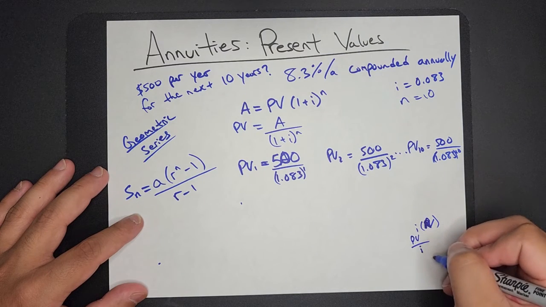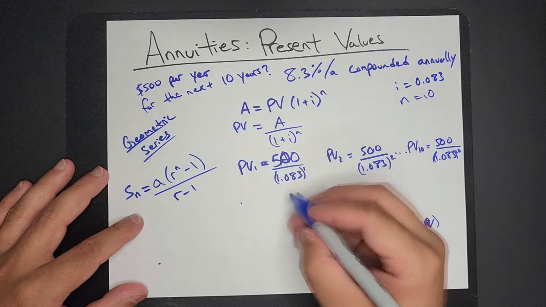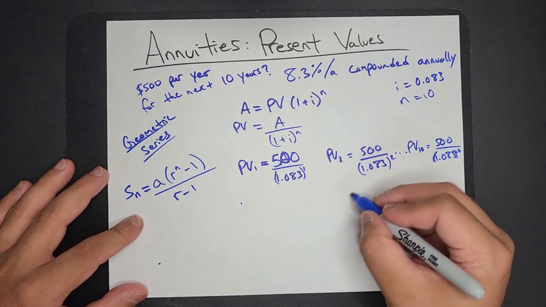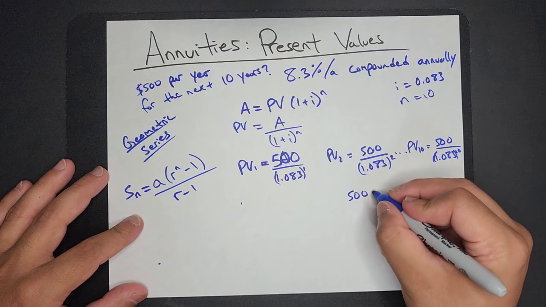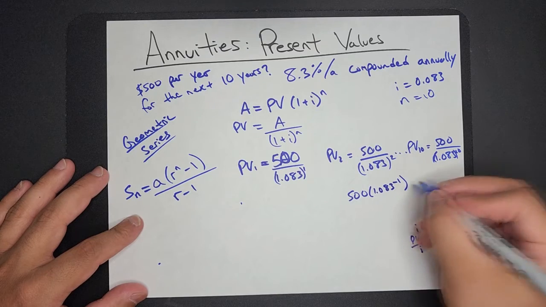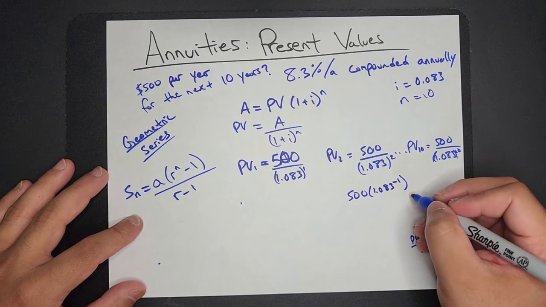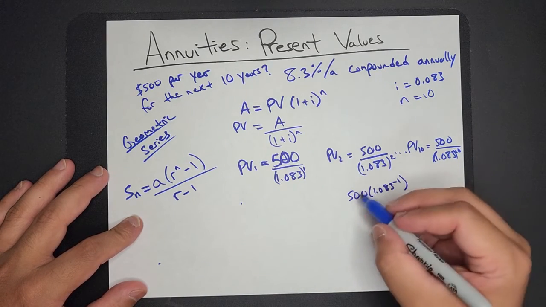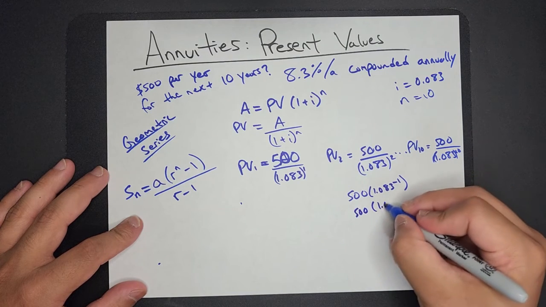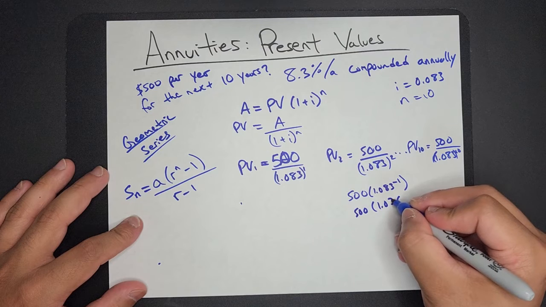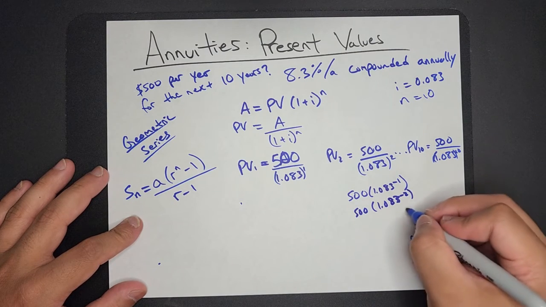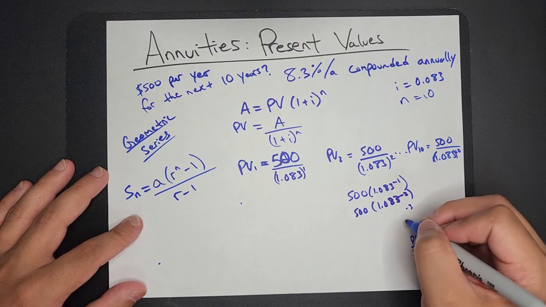So if I was to write PV1 out, it would actually be 500 times 1.083 to the negative 1. And then the next term would be 500 times 1.083 to the negative 2, negative 3 and so forth.